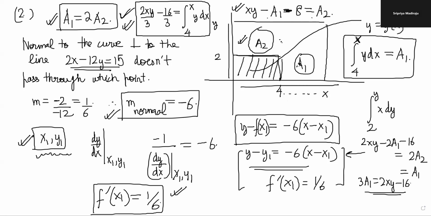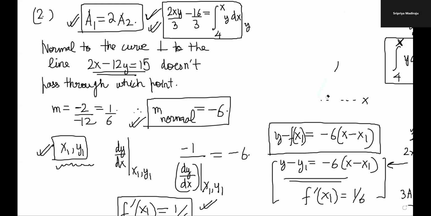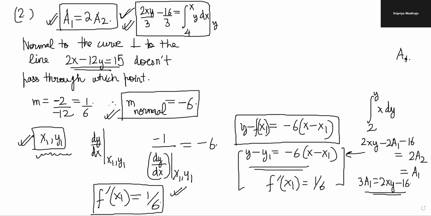If we know this equation, we can take a derivative of this equation with respect to x and remove the integration. We have 2xy by 3 minus 16 by 3 is equal to the integral from 4 to x of y dx, so basically f of x dx.